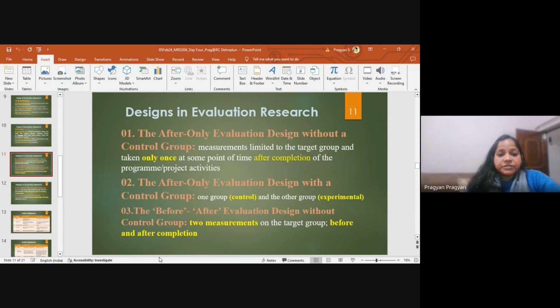So the frequency is only one time, and the timing of that evaluation is only after completion of that particular program. And it is very clear that we are not using any control group. If you focus on the frequency and the time, then these designs in evaluation research are going to be very valuable to all of you.